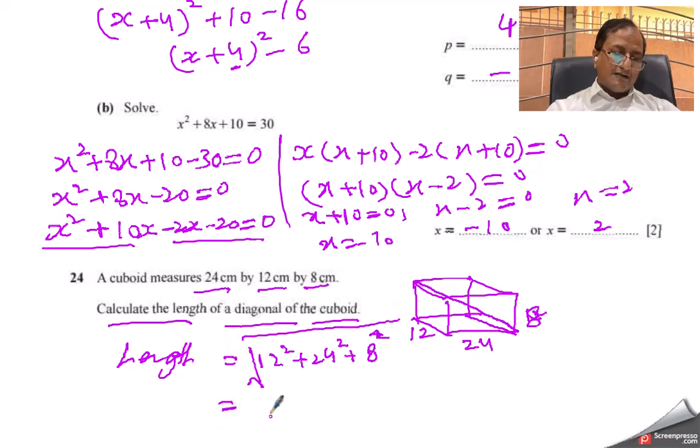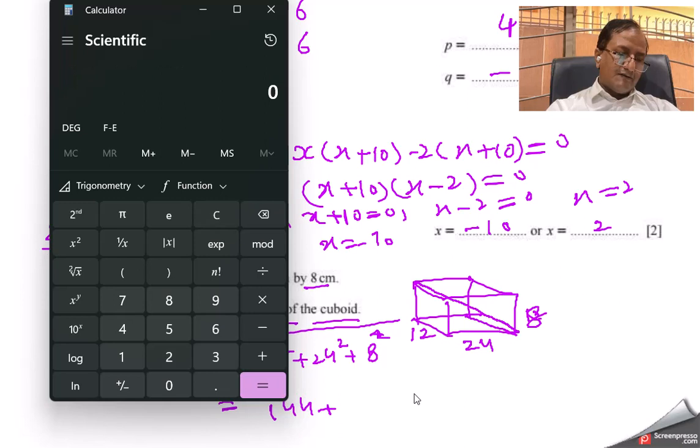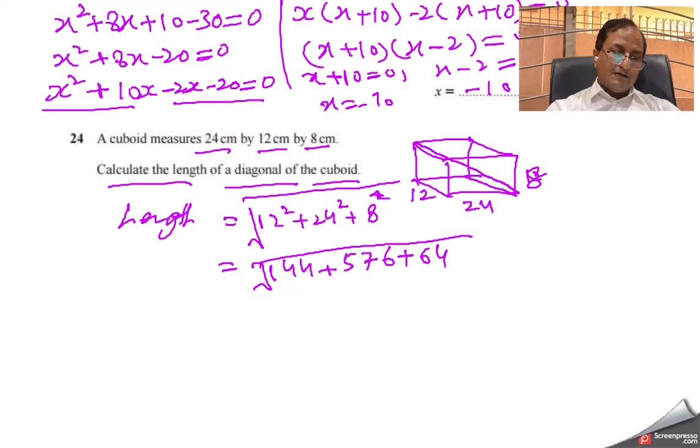It is 144 plus 24 squared, which is 24 times 24, so 576, plus 64, the whole under root. Now we are supposed to solve it.